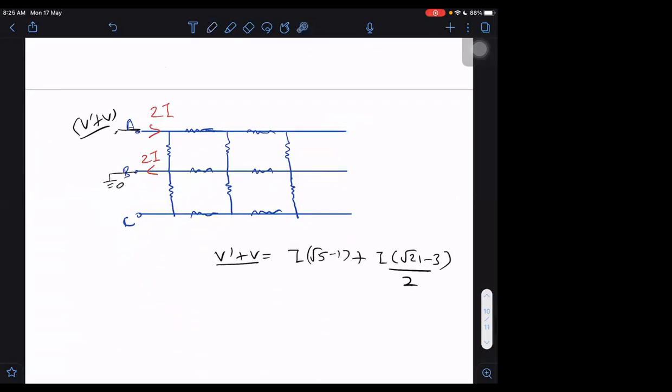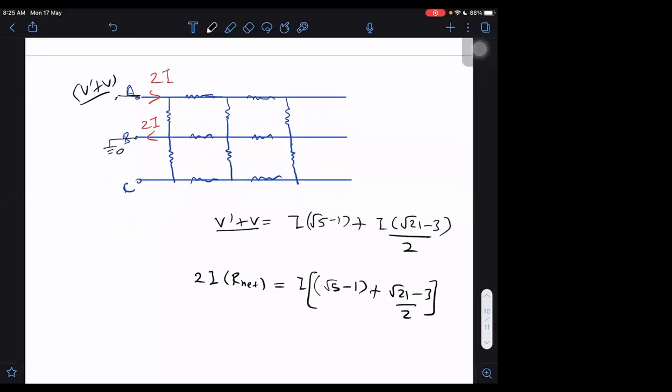Let its resistance be R net. So I can say this is also equal to 2I into R net. That is equal to I into root 5 minus 1 plus root 21 minus 3 divided by 2. This is equal to 2I into R net.